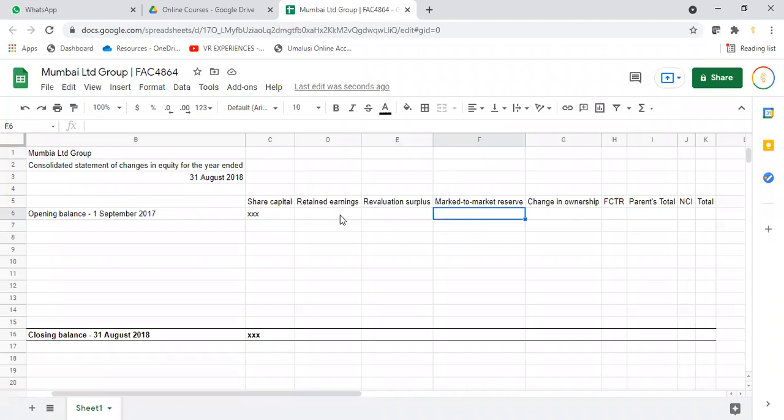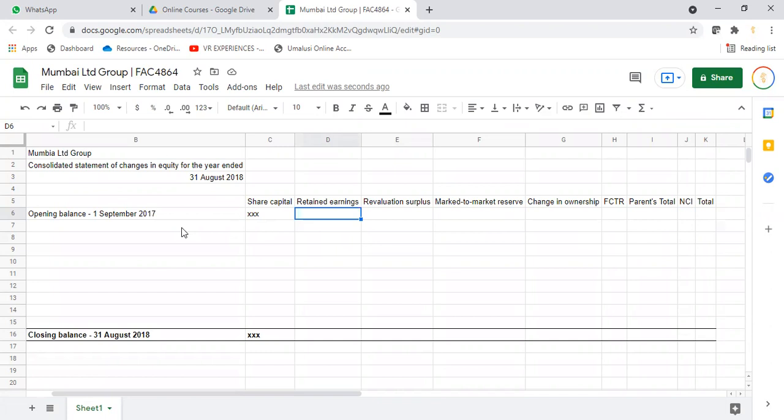I'm also going to give you a formula for NCI. It's not really a formula, it's more a way of thinking and how to set up the calculation. The opening balances carry a lot of marks because there are lots of principles they're going to test in these two numbers. We'll deal with that just now.